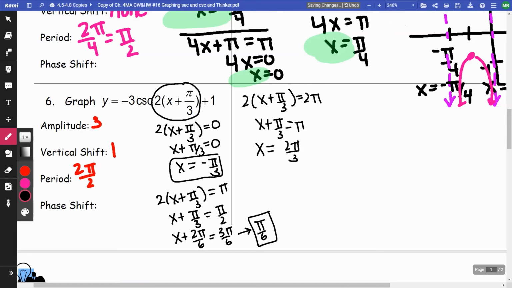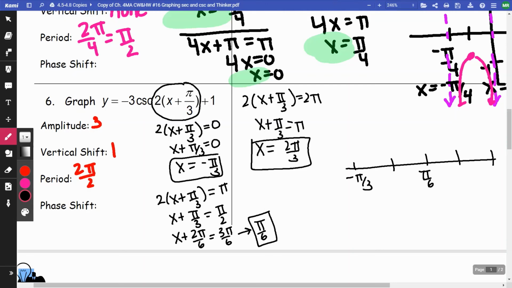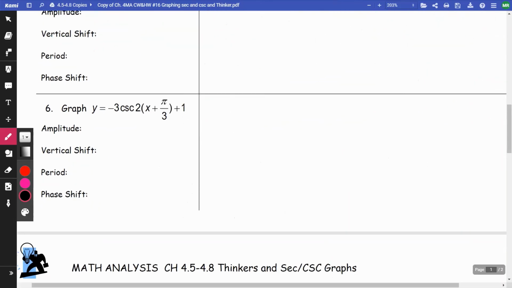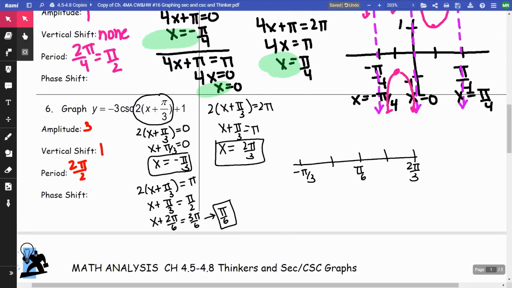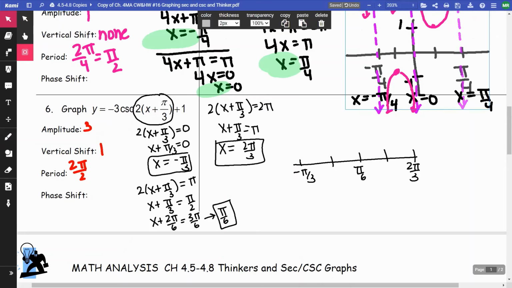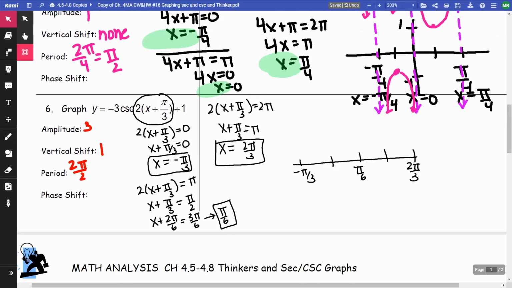And then let me see if I try to start graphing this. So I'm going to be starting at negative pi thirds. 1, 2, 3, 4, 5. Halfway in between will be my asymptote pi sixths. The other one's going to be 2 pi thirds. Okay, so these are my asymptotes. So then what I'm going to do is I'm going to draw in my asymptotes.